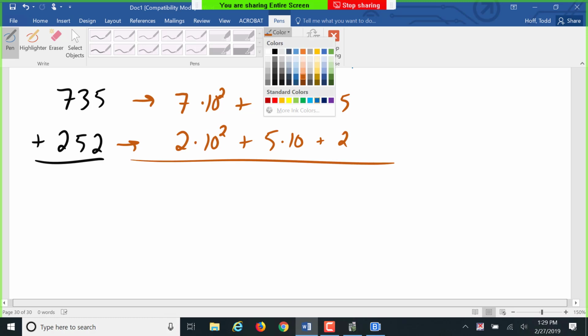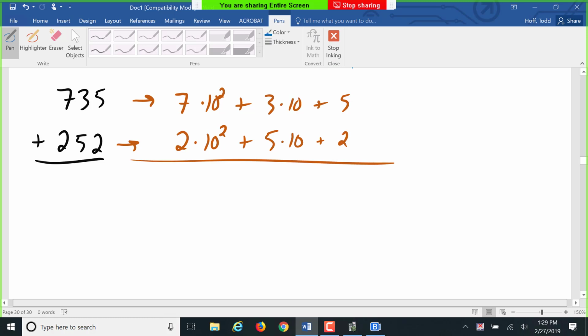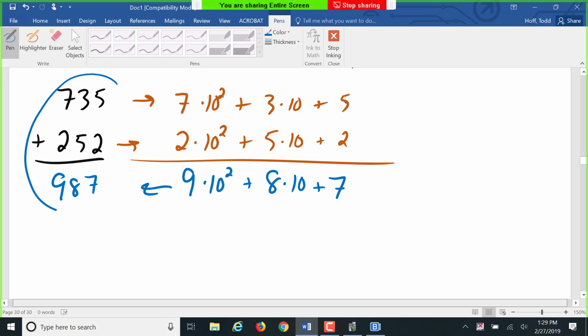We could only add the digits that had the same place value. 5 and 2 made 7 ones. 3 tens and 5 tens made 8 tens. 700s and 200s make 900s. So that was 987.